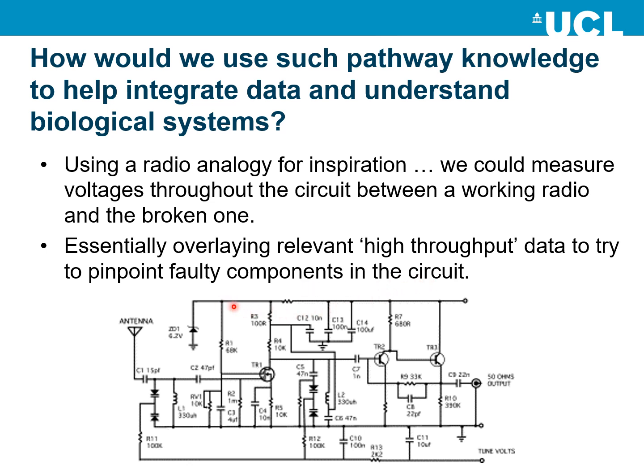If you measured the voltages throughout this circuit and compared the working radio with a broken one, you would notice that voltages change at certain places, and this potentially would highlight that maybe this resistor here is burnt out. It would pinpoint parts of the circuit that are potentially faulty, particularly as we have a clear mechanistic understanding of how electronics works.